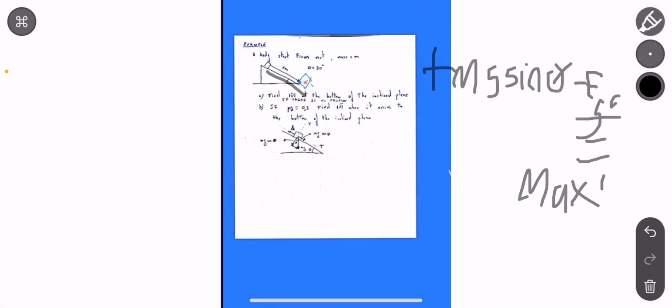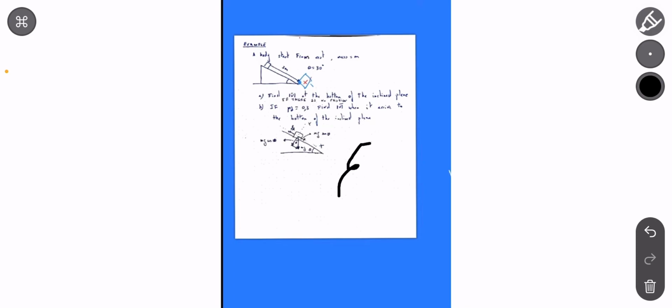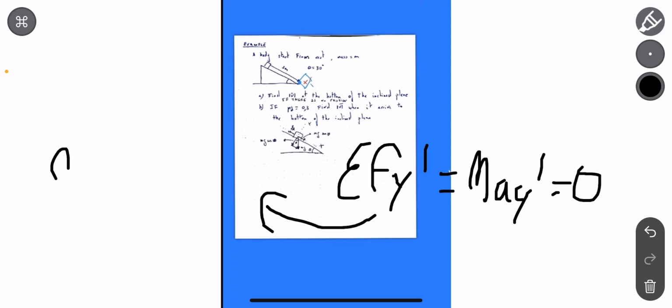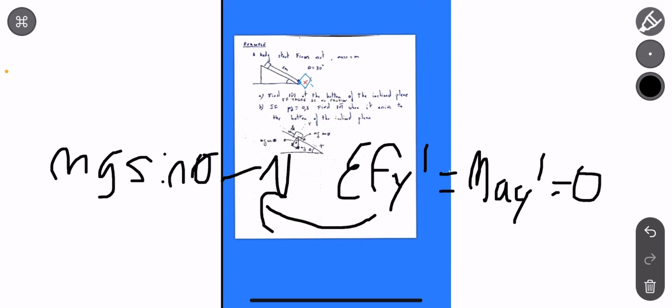Now we work that out. The sum of forces in x1 is equal to ma x1, which means mg sine theta from earlier minus n, because you have to remember there's also a normal force being applied to this box.